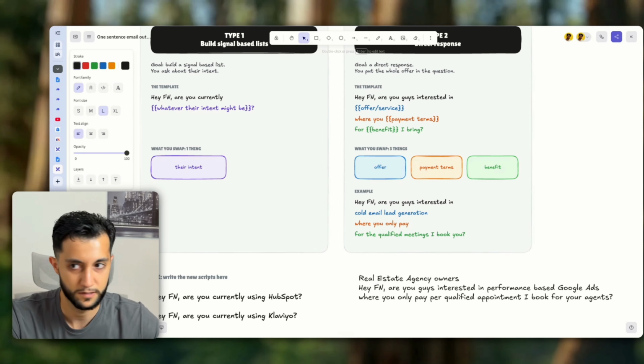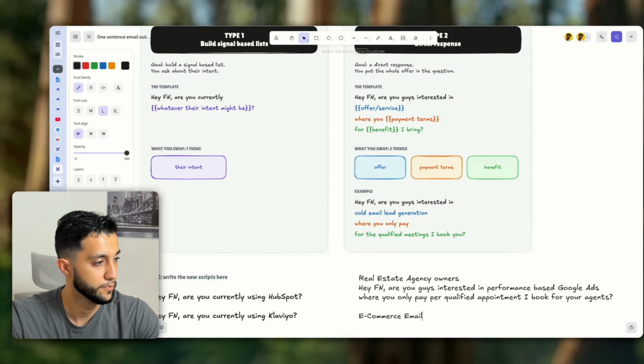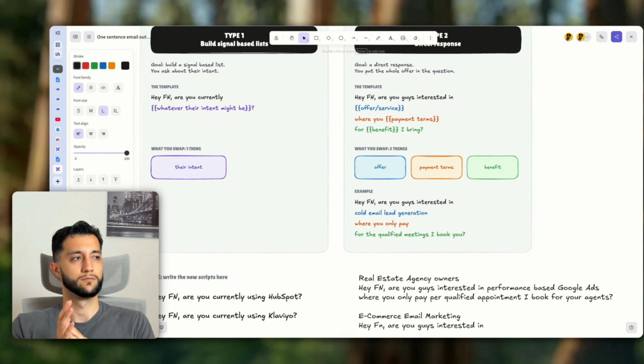Another campaign, let's come up with something. Let's do e-commerce email marketing. Hey, first name, are you guys interested in our email flow... wait, let me think for a second. I'm currently using a client as an example as well. That might be pretty cool.